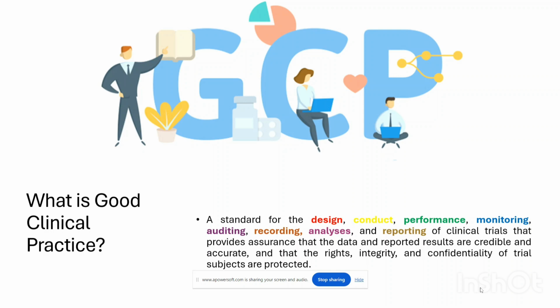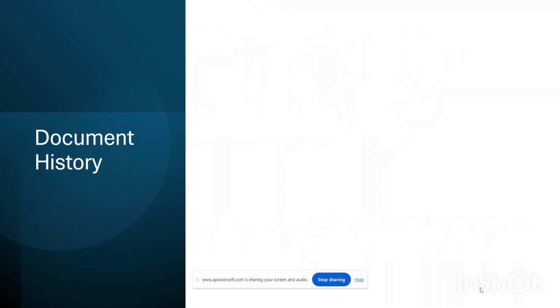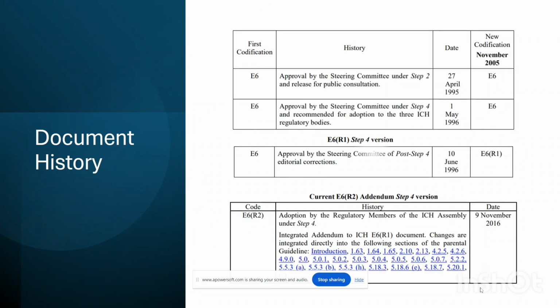Now we can see the history of the ICH GCP guideline. The GCP guideline has undergone significant changes over time in response to various developments in the medical research landscape. On 27 April 1995, the GCP guideline got approval by the steering committee and was released for public consultation.